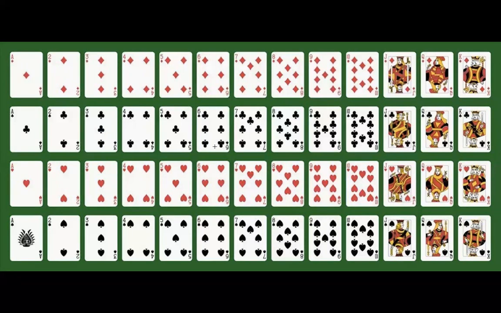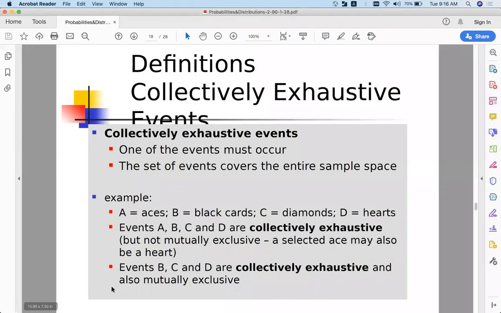When I add red and black, do I get the sample space? Yes, I get all the 52 cards, which is collectively exhaustive. Now, if I draw a red color card, can it be black color? No. If I draw a red color card, it can only be a red color card. And if I draw a black color card, it can only be a black color card. So that is why A and B are called collectively exhaustive and also mutually exclusive events.